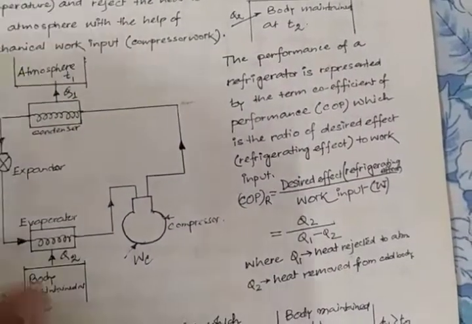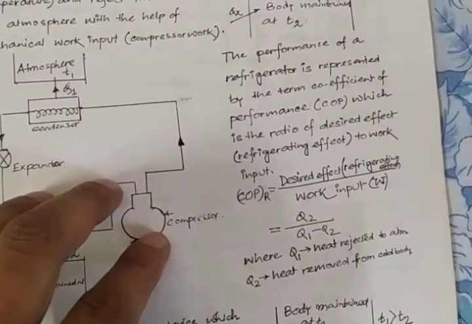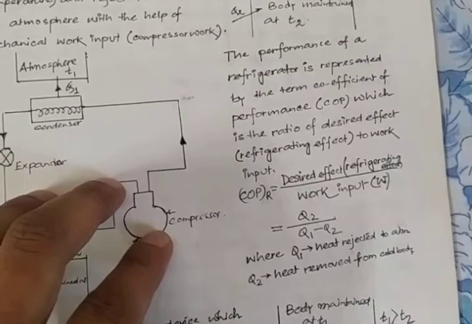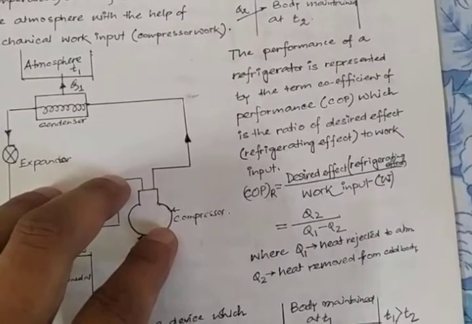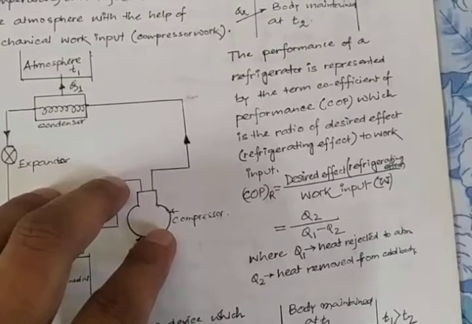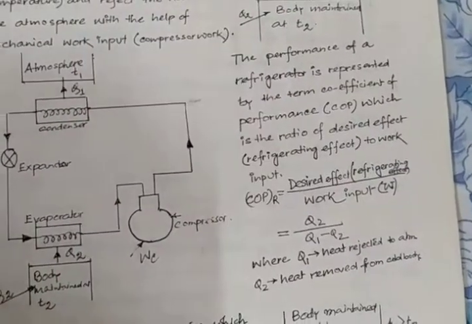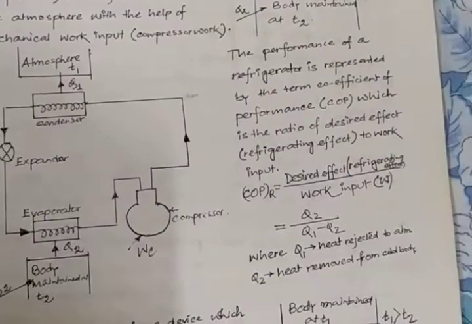The performance of a refrigerator is represented by the terminology called coefficient of performance, which is the ratio of the desired effect, here the refrigerating effect, to the work input.